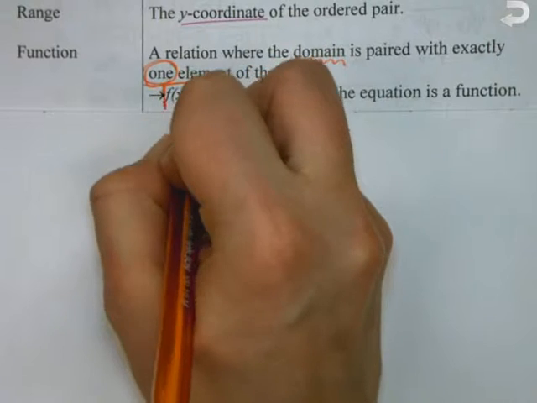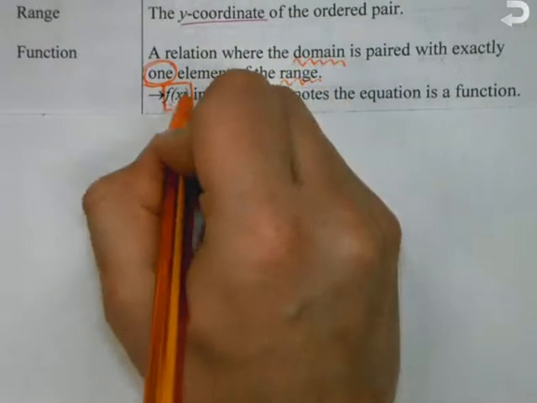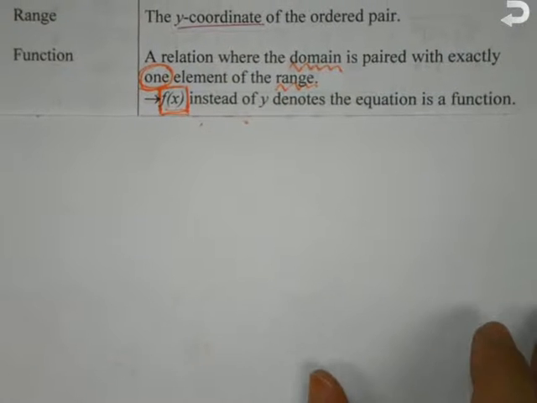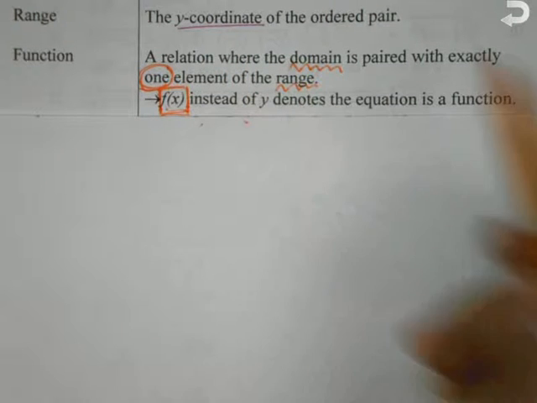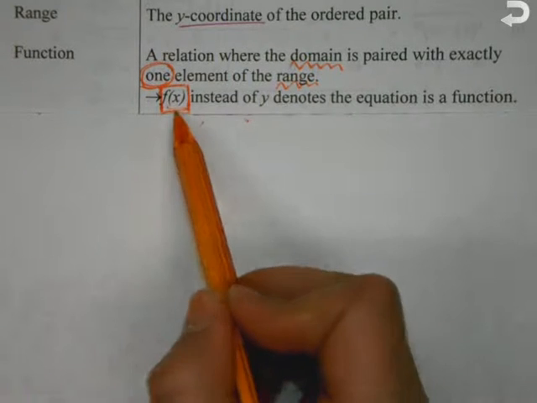F of x, the f tells us that it's a function. Inside the parentheses is what our variable is. So a function is when each item in the domain has only one thing that it's paired with in the range. So one domain gets one range. And we call it f of x now.